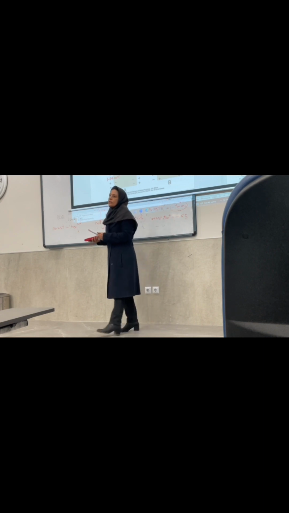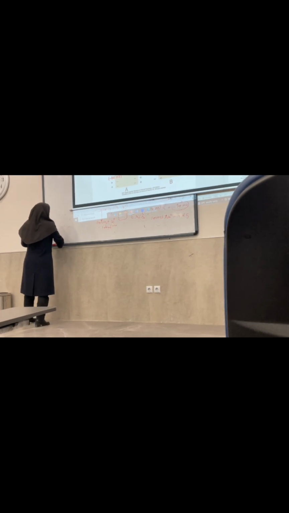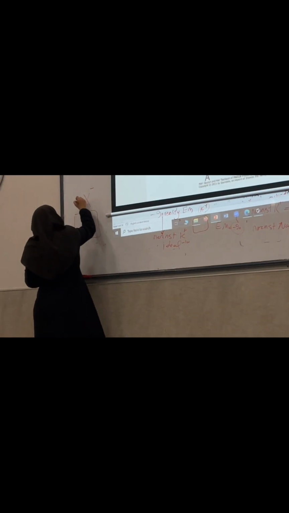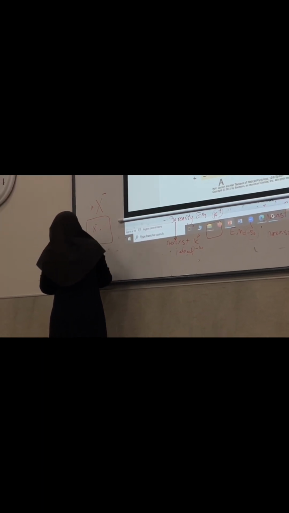I will give you 1, 2, 3 examples for understanding better, okay? And also in the exam, this is one of the questions. In the exam, I will tell you that there is one ion, for example, X. The charge is negative. The concentration outside is 10 times higher, inside is smaller, okay?